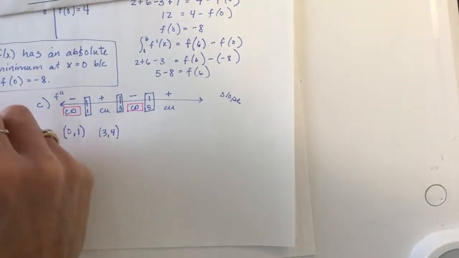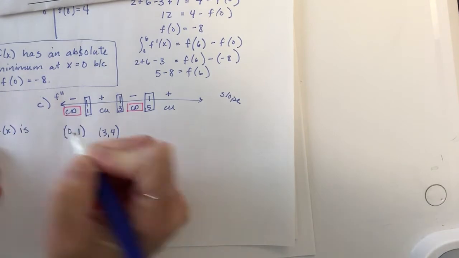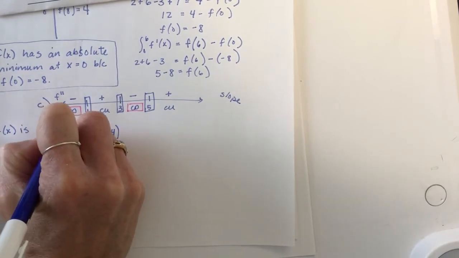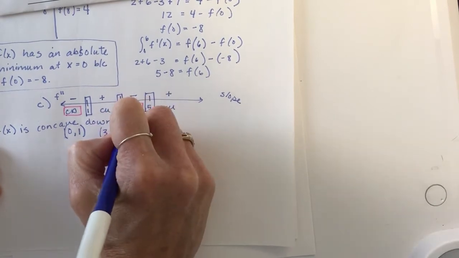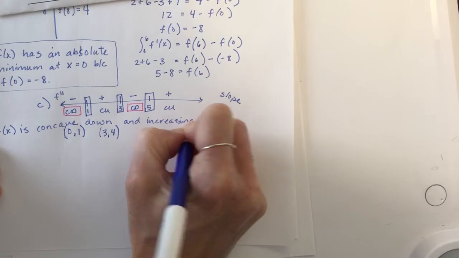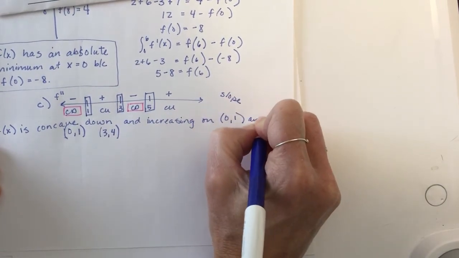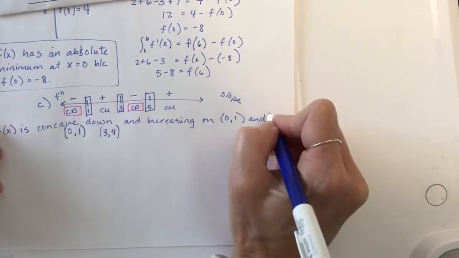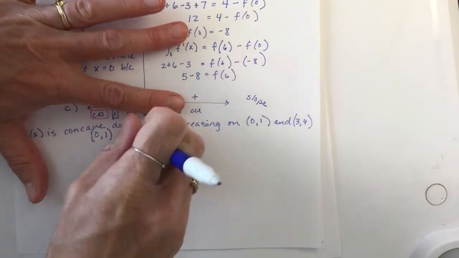So f of x is concave down and increasing on 0 to 1 and 3 to 4. Okay, and I'm going to erase this.